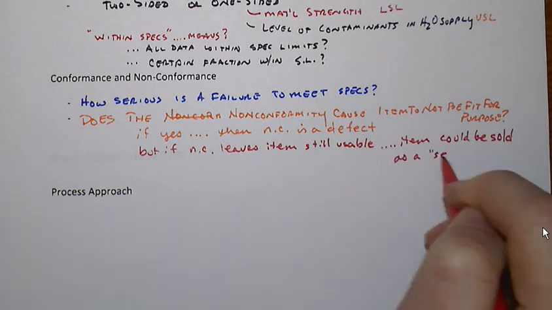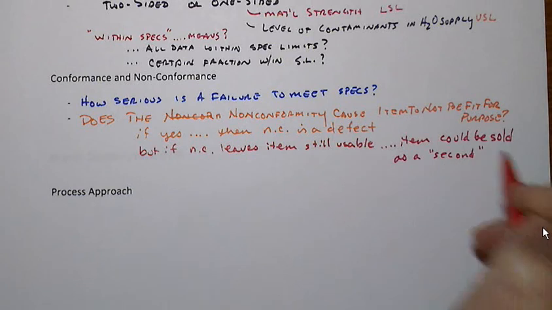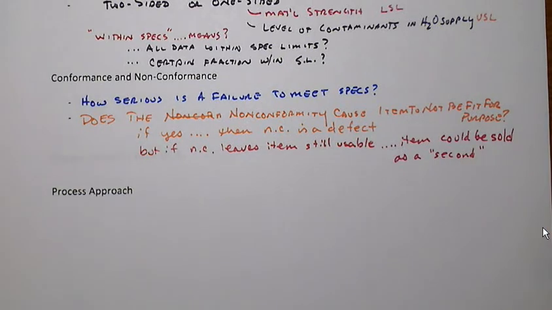So it's still a shirt that has a blemish, is still functionable as a shirt. It may not be entirely fashionable to all people, and so therefore you'll still sell it. You can still make some money, maybe not as much because the demand may be smaller. But now you just simply sell it as a second, and it's a non-conforming item, but it's not a defect, right?